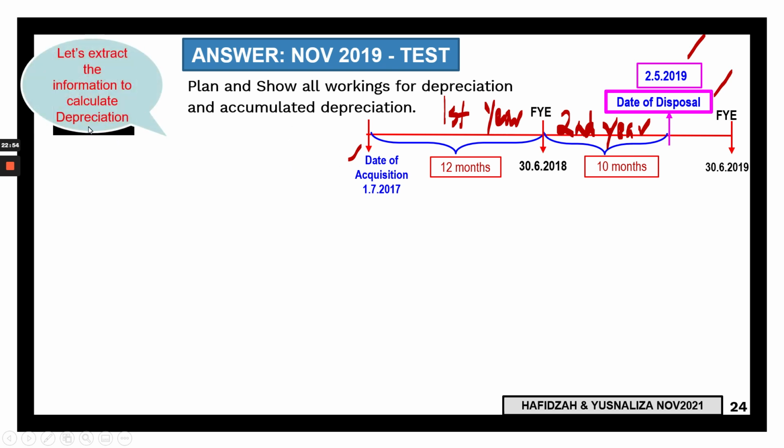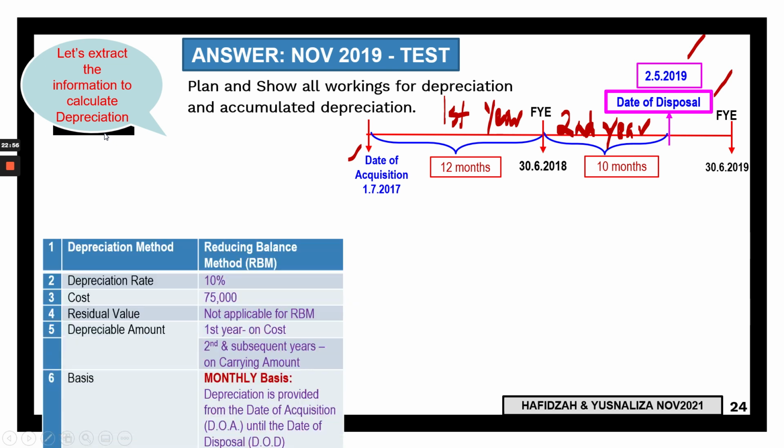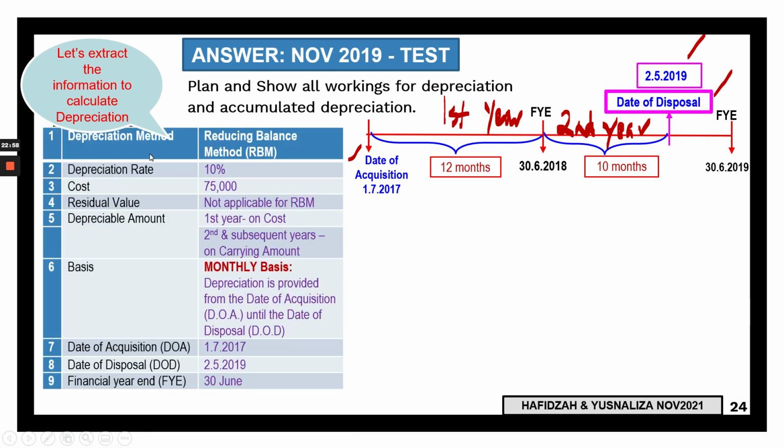So let us extract some of the information to calculate depreciation. I've already provided a table checklist for you. If you look, the depreciation rate as per the question was 10%, cost was 75,000. Residual value, if any, is not applicable for the reducing balance method.